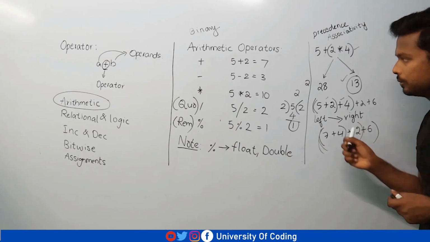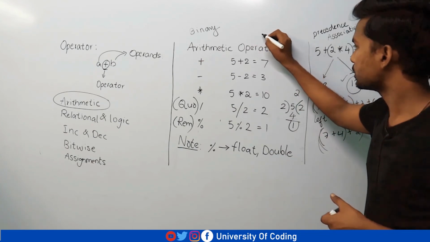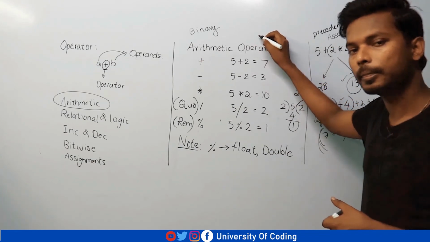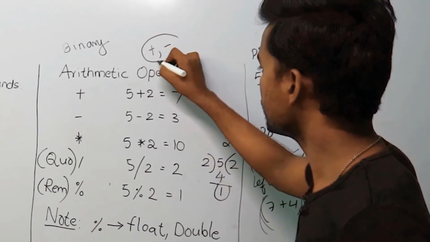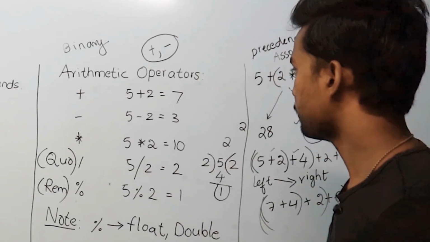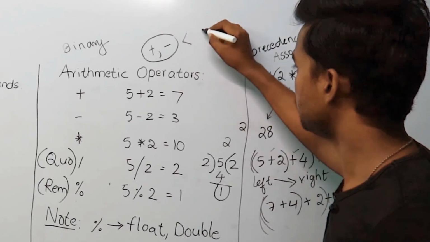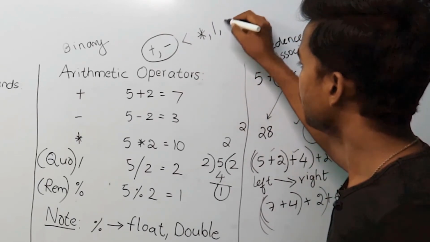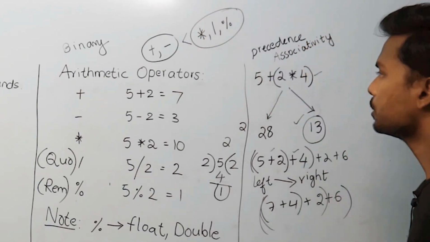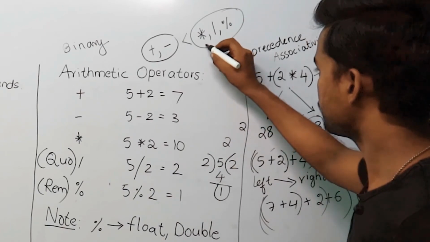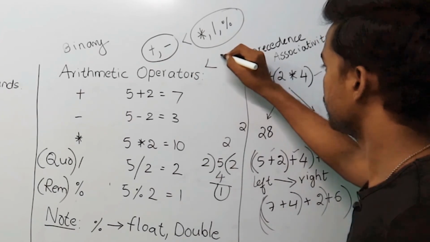Note that plus and minus have the same precedence values, and their precedence is less than that of star, divided by and modulus operators.